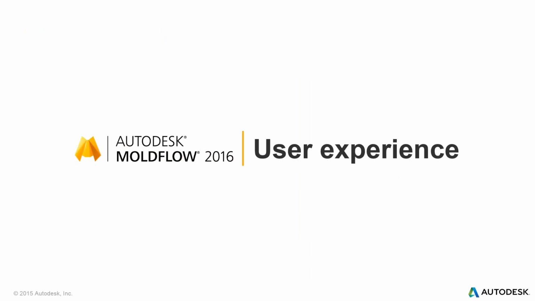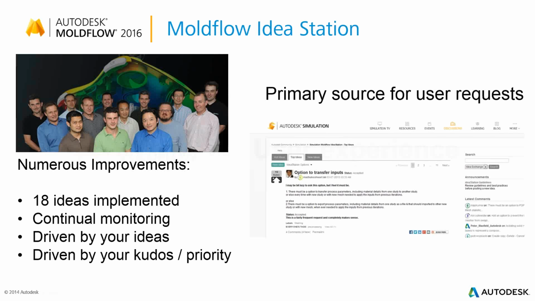This year's release has an incredible amount of smaller and larger improvements in usability, and to a great extent, one of the biggest sources that we used for getting all those improvements in the software, and to help us identify which requests are impactful and which are sort of nice to have, was the Idea Station.